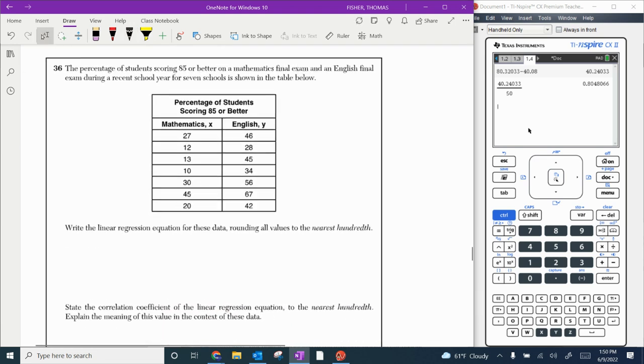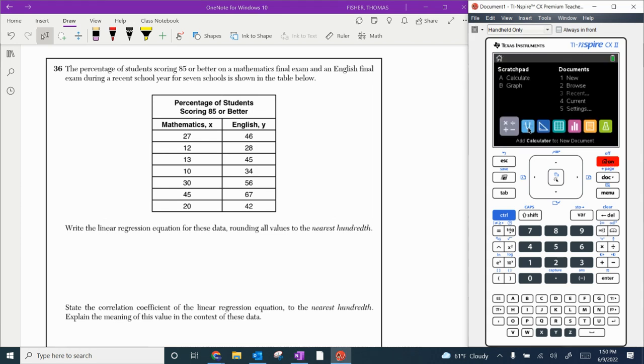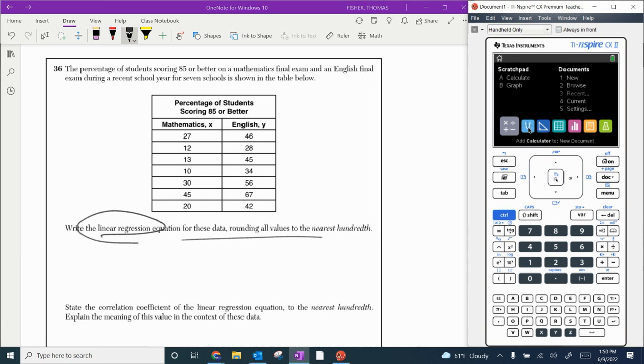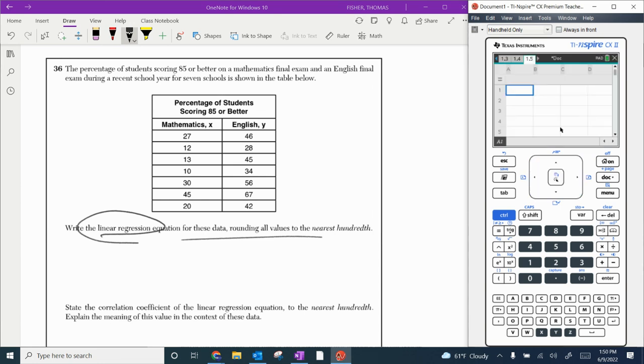Okay, 36. Here we go. 2 more to go. This one wants a linear regression for this data. So we're going to go to a spreadsheet and type this data in. It says math and English, so we're going to do math and ELA for our columns. Or whatever, doesn't matter.